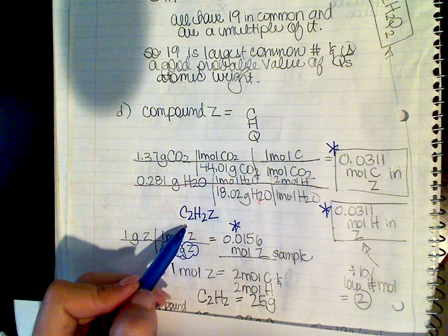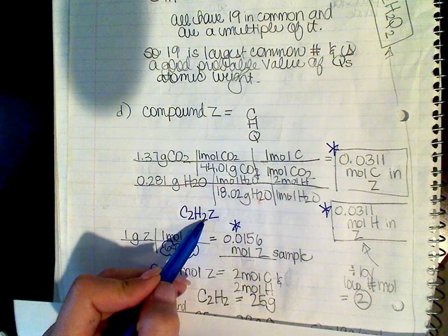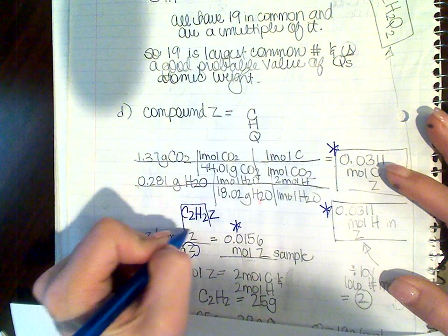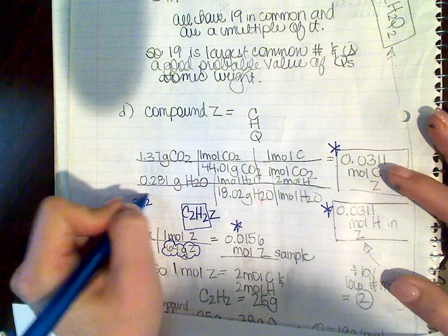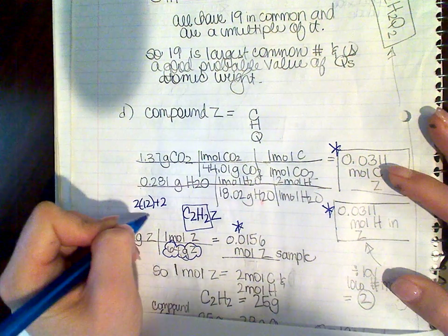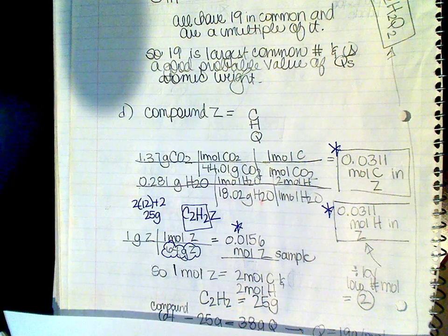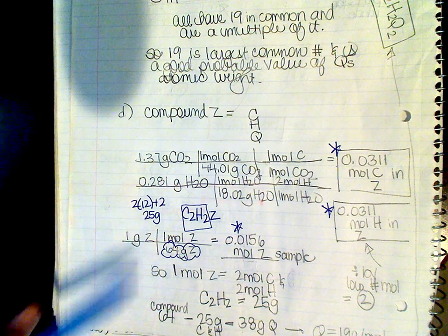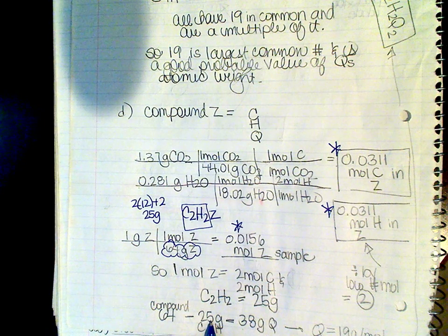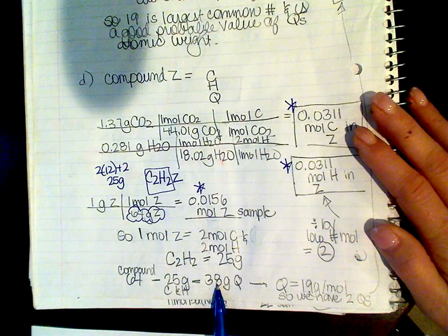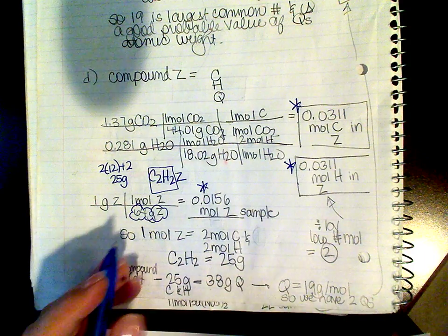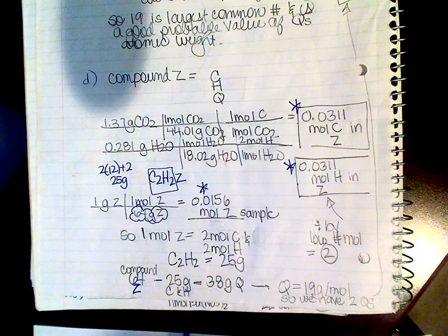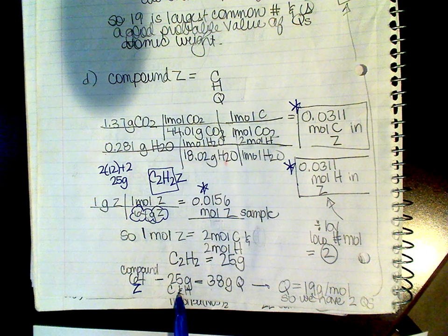So if I know that I've got 2 C's and 2 H's, then I know that I have a mass of 2 times 12 plus 2, which is about 25 grams, okay? And if I know that my whole compound was 64 grams, I can take that 25 grams of C's and H's and know that whatever's left has to be grams of Q. So this is my compound Z. I subtracted my grams of C's and H's because I know that one C would be 12 and one H would be 1.